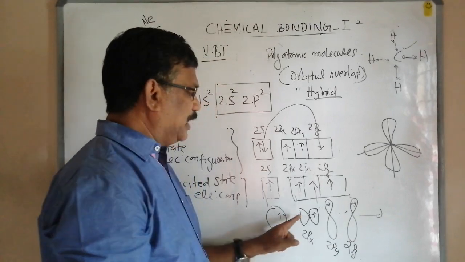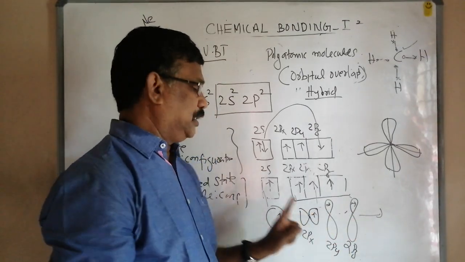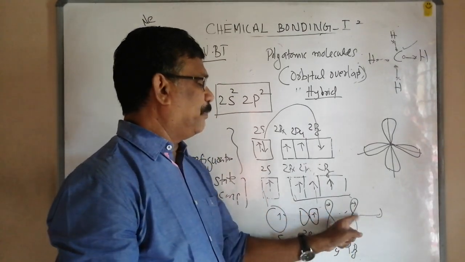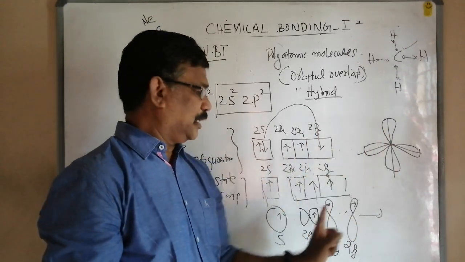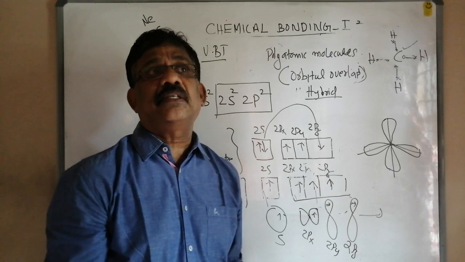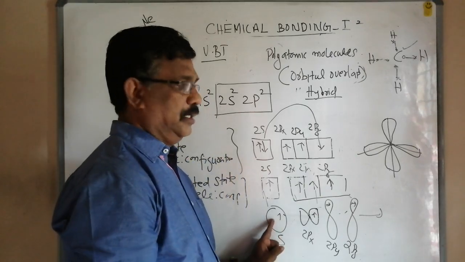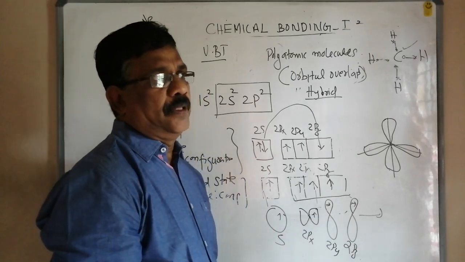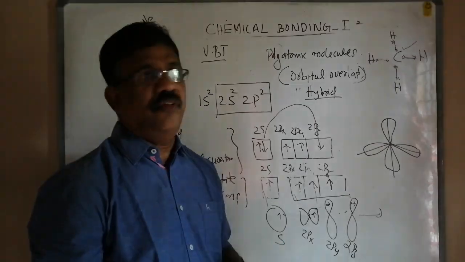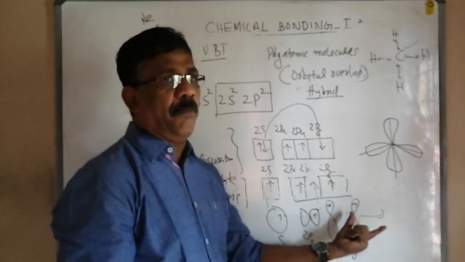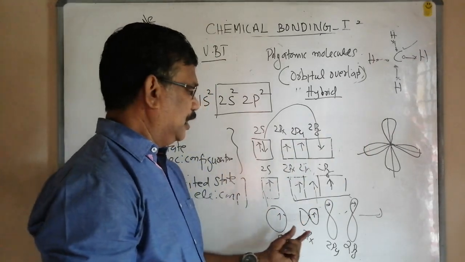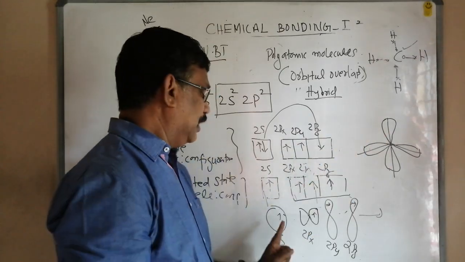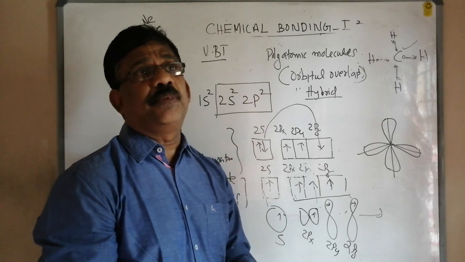So 1 s orbital and 3 p orbitals: this is spherical and these are dumbbell. The newly formed orbitals have 25% s character and 75% p character. 1 s and 3 p, 4 orbitals of different shape, with majority dumbbell character, 75%, and spherical character 25%.